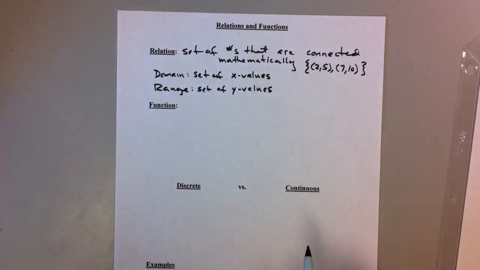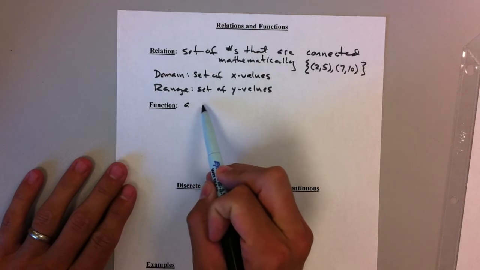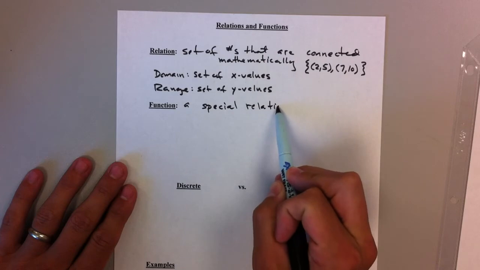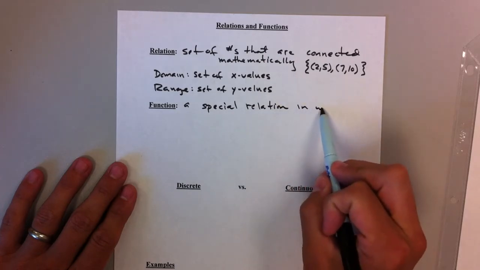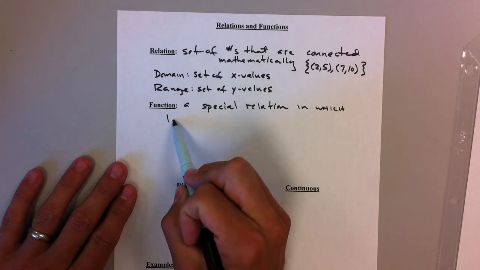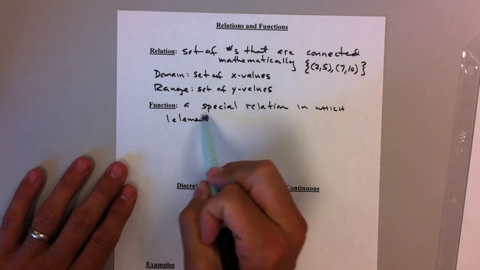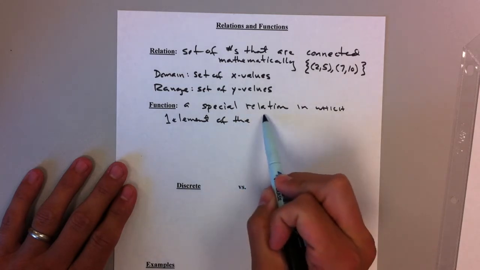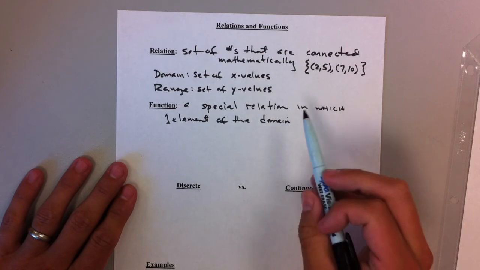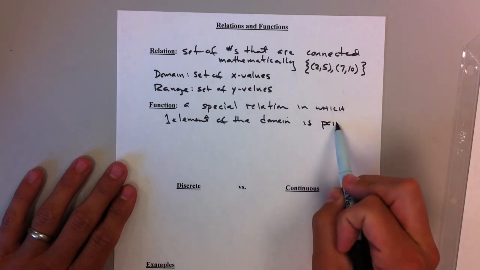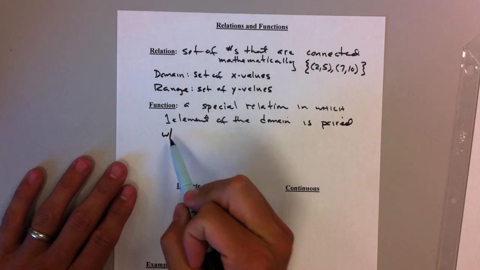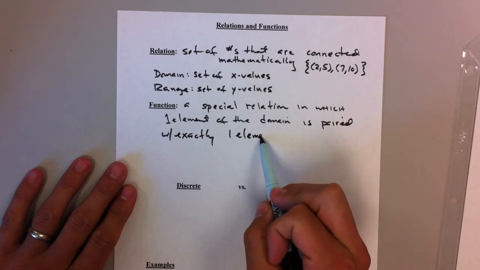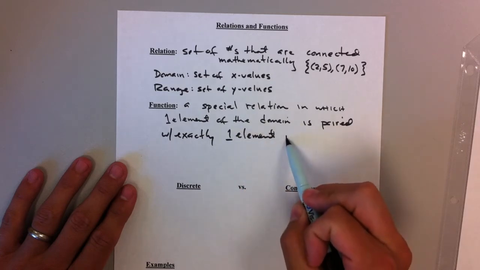A function is a special type of relation in which one element of the domain is paired with exactly one element in the range.